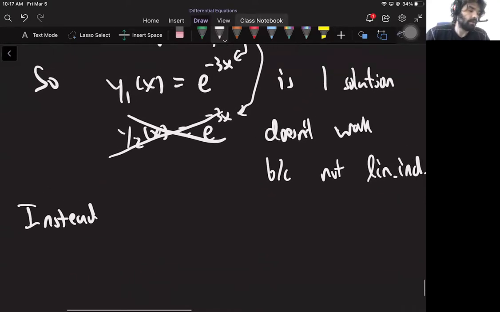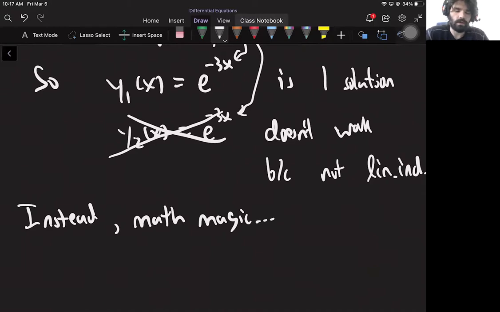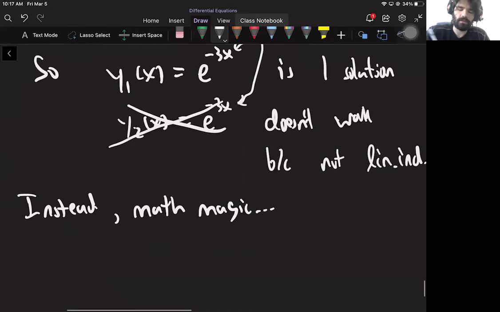So instead, we just use some math magic to know that if you have a repeated root, a repeated solution, the second one is just going to be the same, except you multiply it by an x.